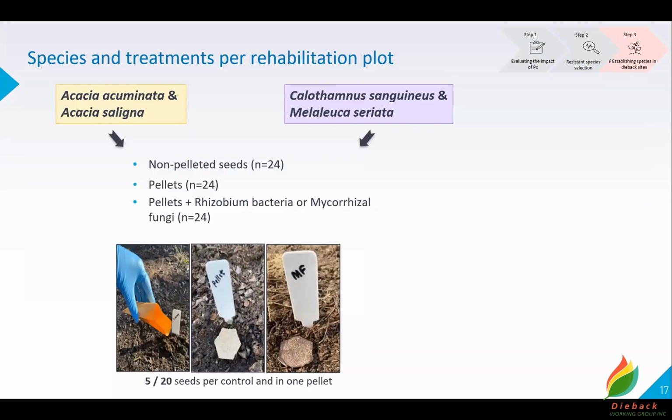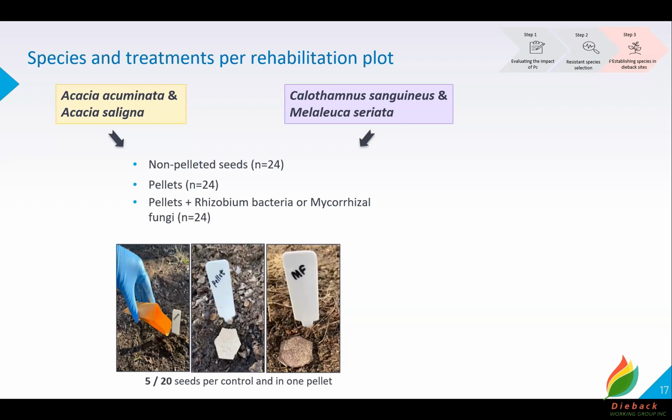So talking about the treatments, for both Acacias, Calothamnus, and Melaleuca, I had 3 treatments. In a previous experiment I conducted in the glasshouse, seeds pelletized with calcium bentonite, diatomaceous earth, and sand gave promising seedling emergence results. So I wanted to see whether these pellets can enhance seedling emergence in the field, and also whether these pellets can protect seeds from seed predators.